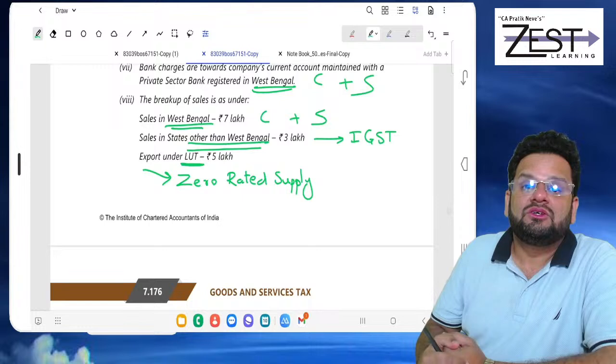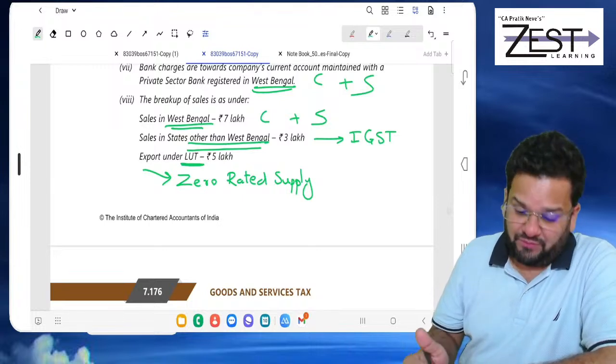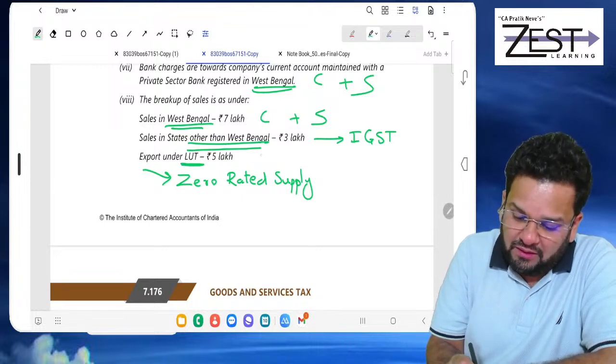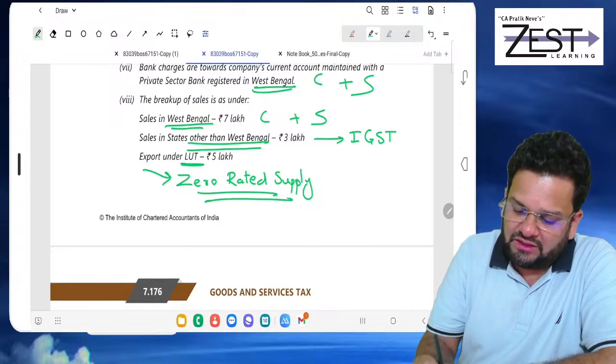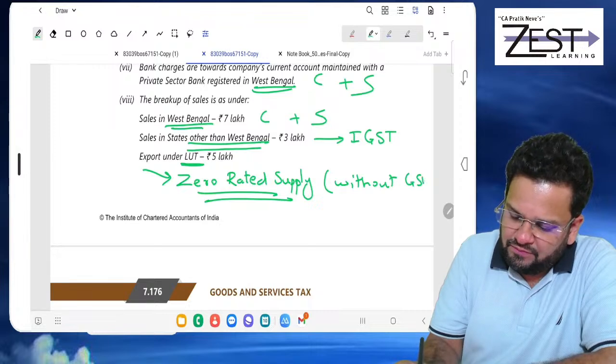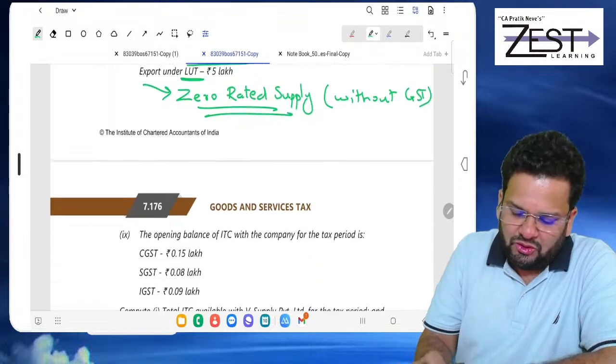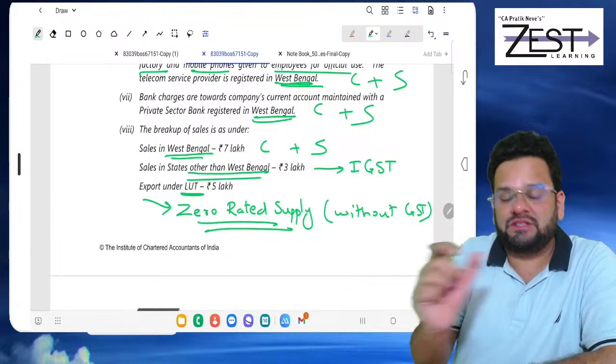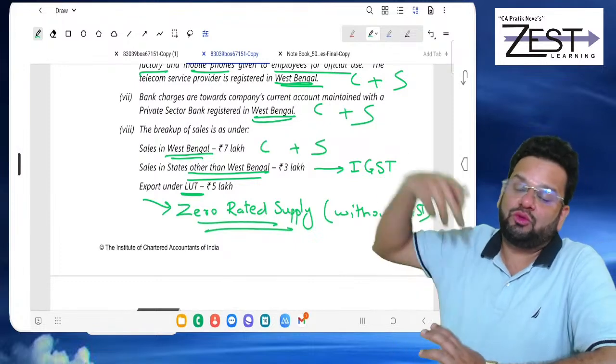So what happens in this case? There is no GST payable. It's a zero rated supply, means it will be without paying any GST. And of course, you can claim ITC on the purchases which are related to these exports.